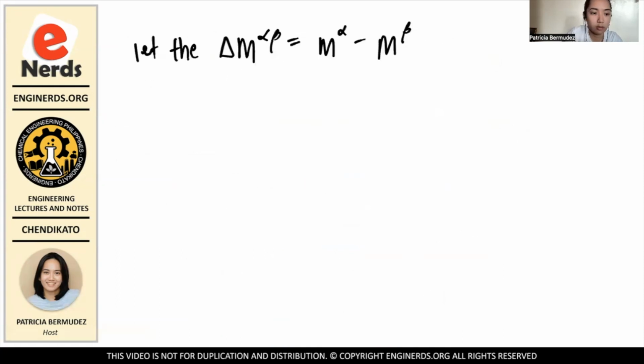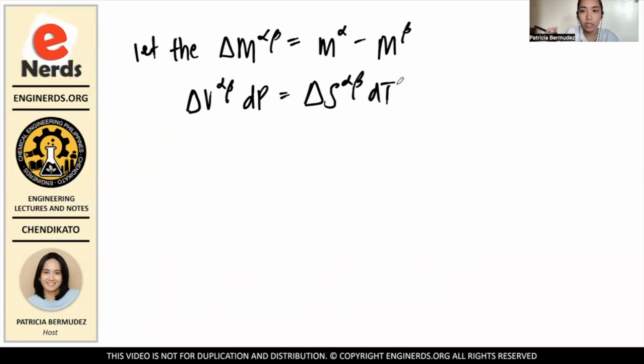Okay? So we're gonna write it here. You know that change in V alpha beta dP is equals to the change in entropy alpha beta dT. Okay? And now we just have to put all the differentials on one side of the equation and then all of the property changes on the other side.